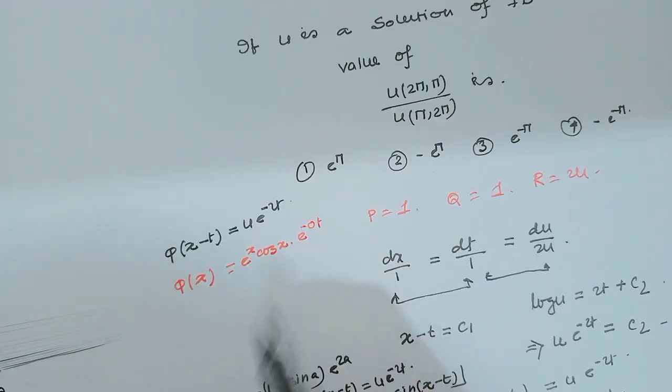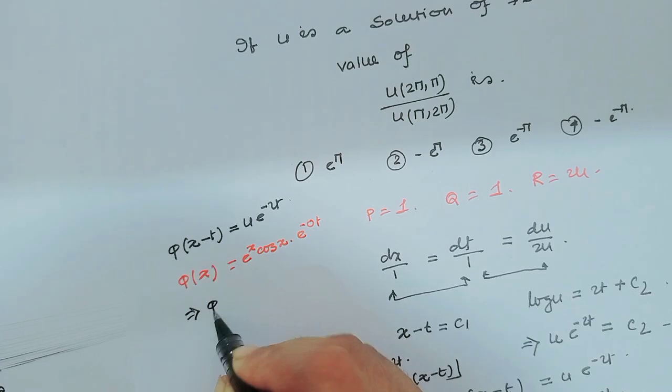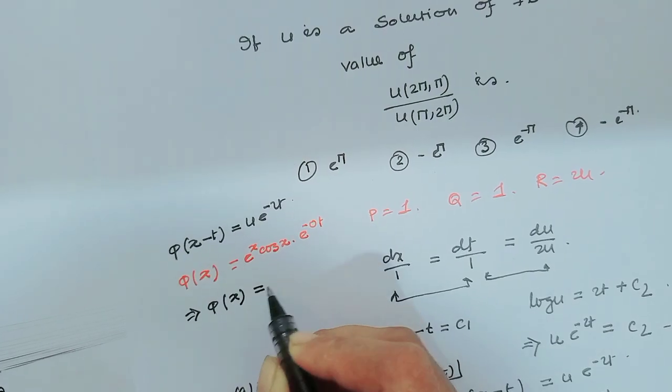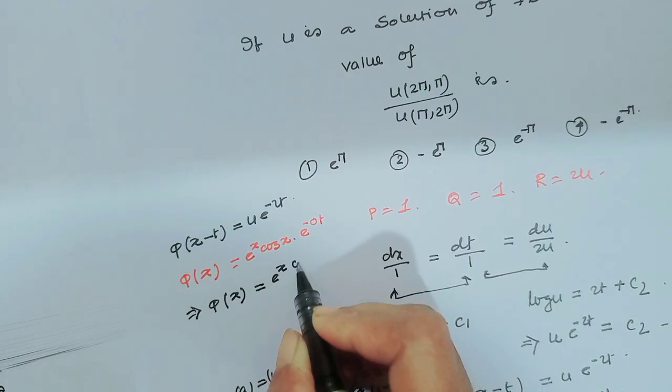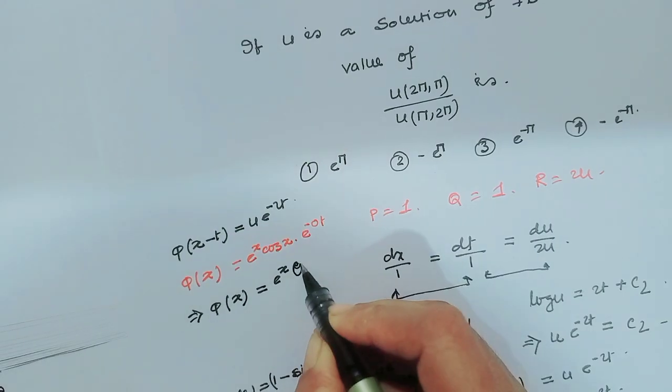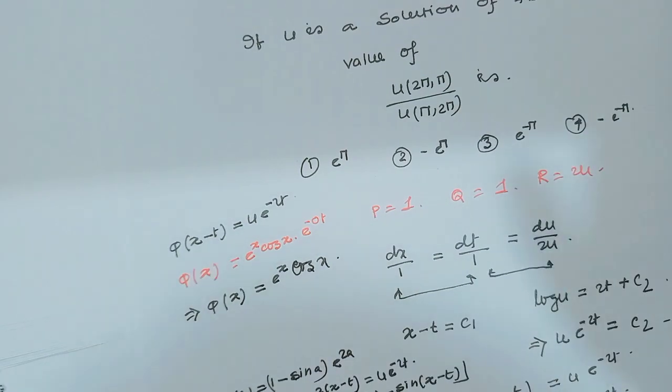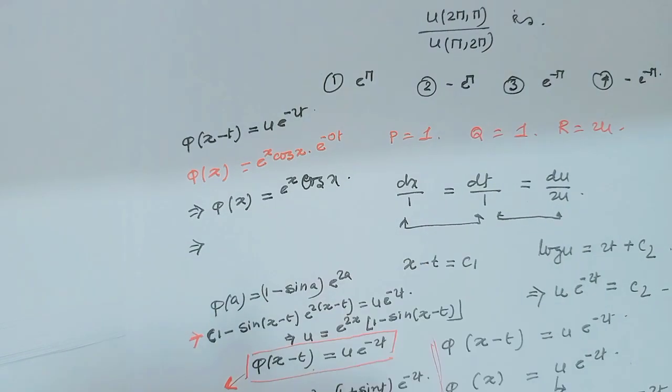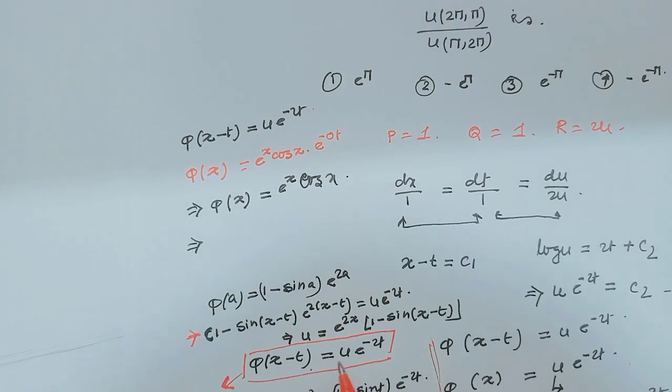That implies phi of x equal to e to the power x cos x.